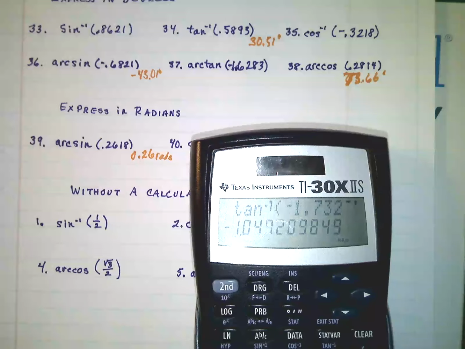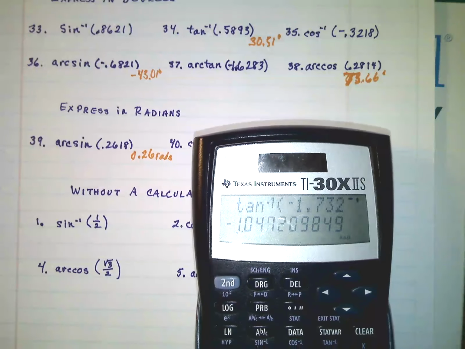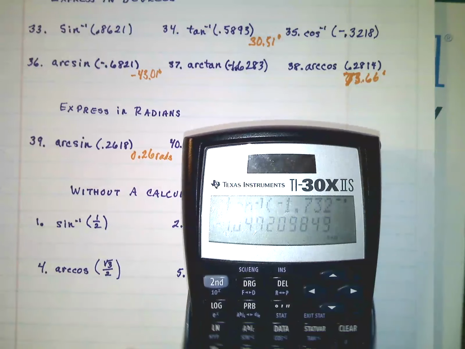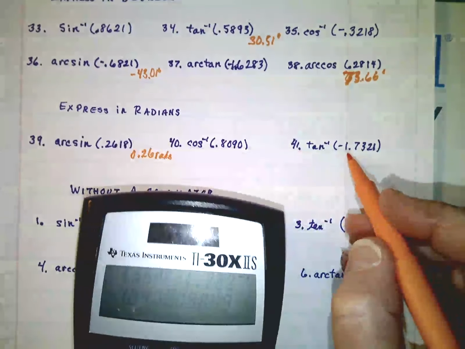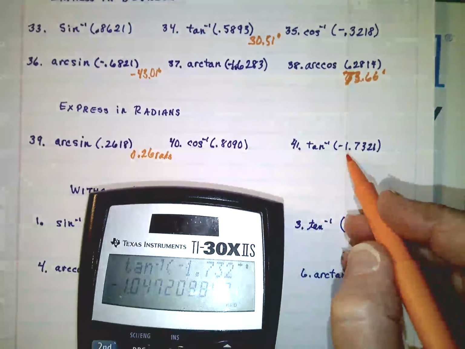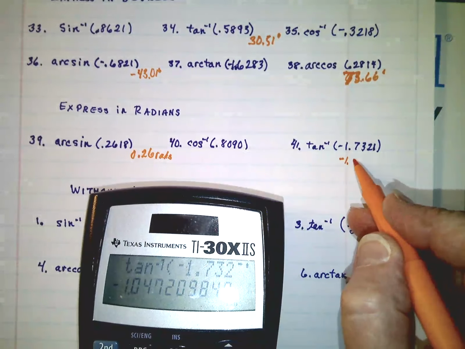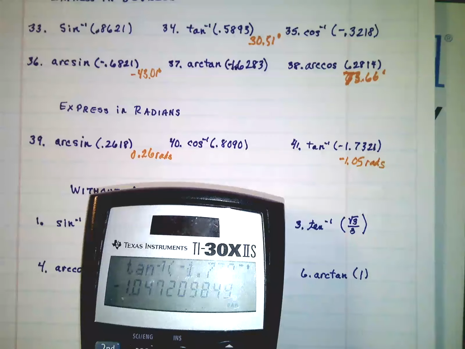Now this doesn't seem very big, but that is not -1 degree, that's -1 radian, which would be over 50 degrees. In radians, -1 radian is quite a ways around the circle. To the nearest hundredth, this would be -1.05 radians.